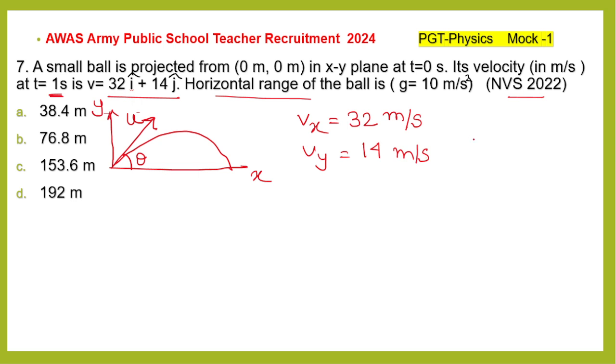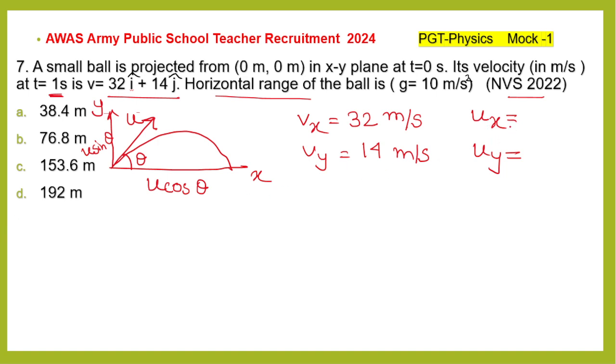We don't know the initial velocity, that is Ux and Uy. We can write U cos theta, that is the velocity along the x-axis, and U sin theta, that is the velocity along the y-axis, right?